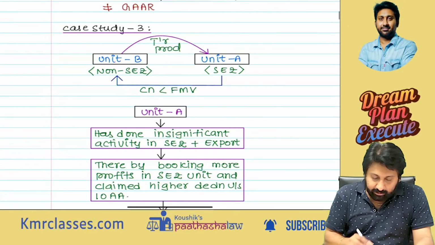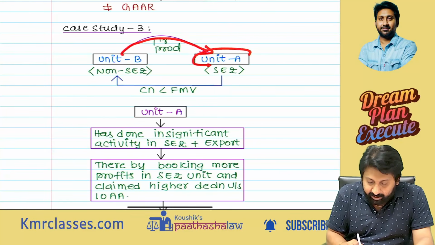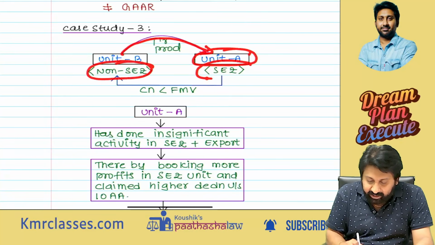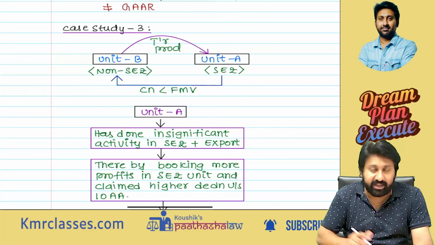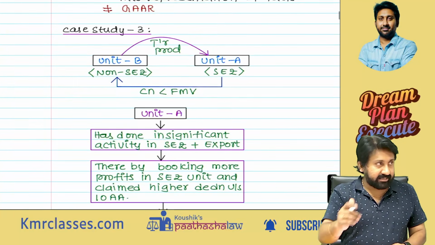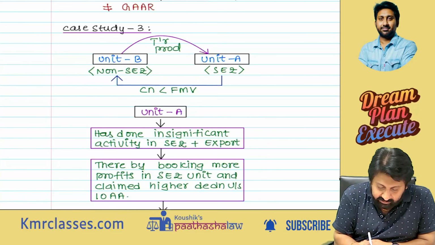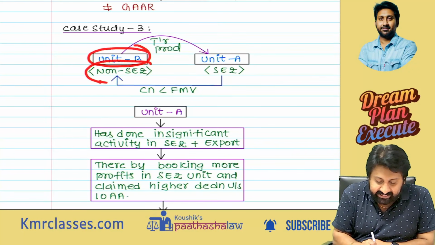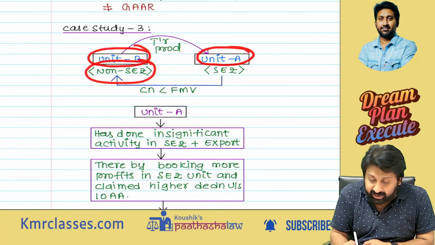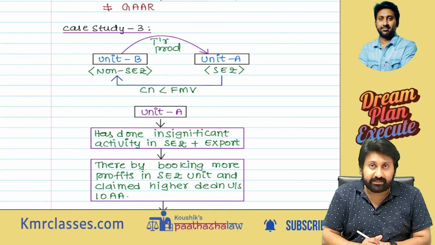Case study 3. Unit B transferred its production to Unit A. Unit B is in non-SEZ, Unit A is in SEZ. So let us understand this. As I already said, there is a Unit B in the non-SEZ area and Unit A in the SEZ area.